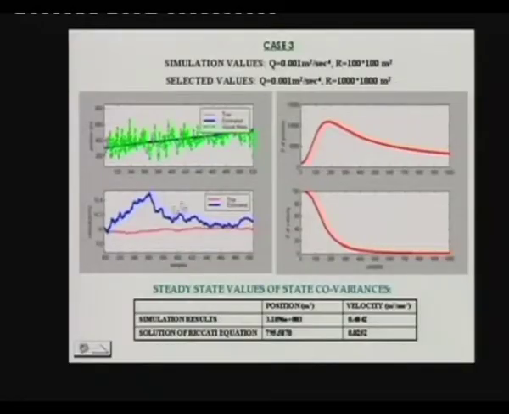So the filter is now much more cautious. It does not want to come to a hasty decision, right, because it knows that there is a lot of uncertainty in the data. So it takes time to converge. So the moment you increase R, filter will reduce its gain and will start converging slowly. In fact, this estimate is not yet converged.